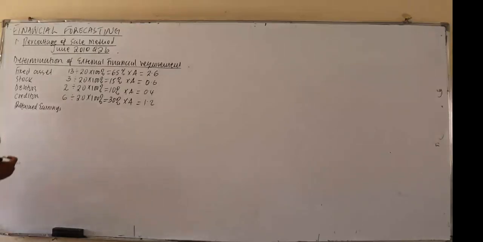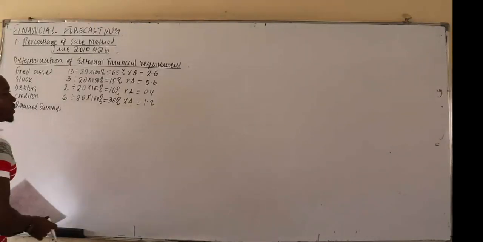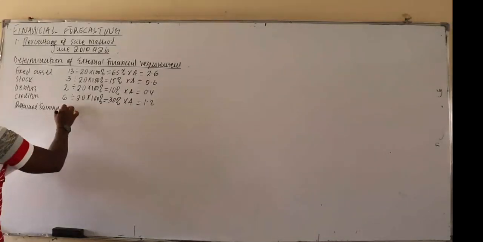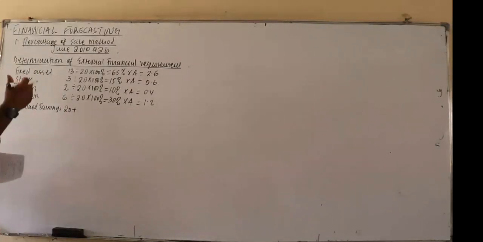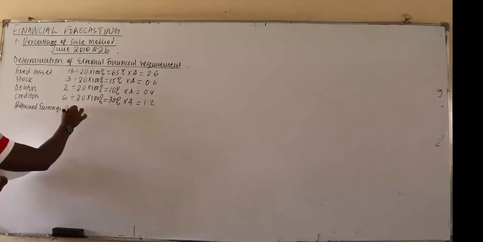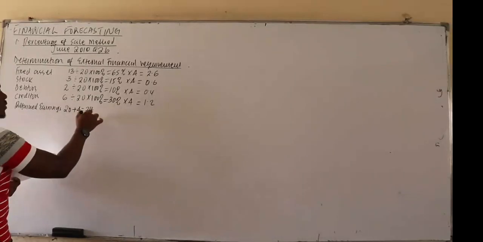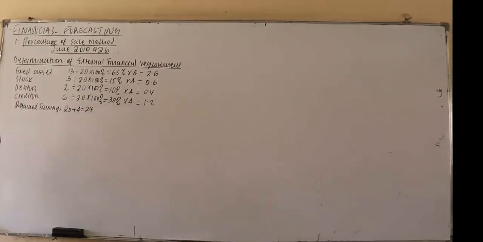First of all, I need to determine how much is the expected sales. The sales for the period was an amount of 20, and is expected to increase by 4. So the expected sales for the coming period will be 24. But what we need is the retained earnings.